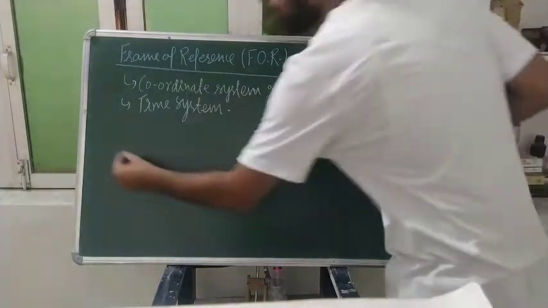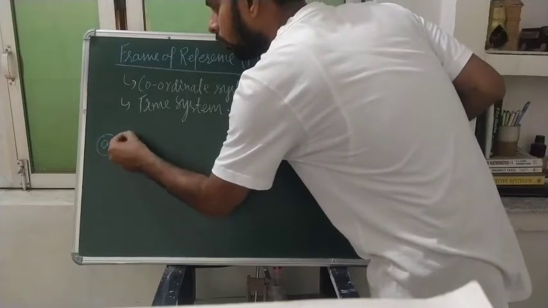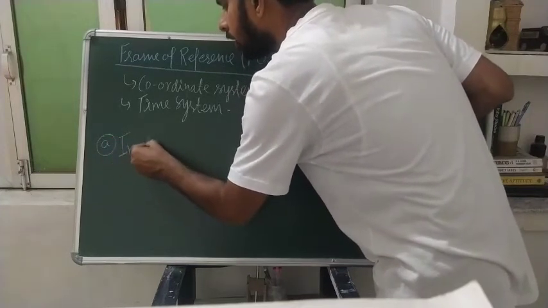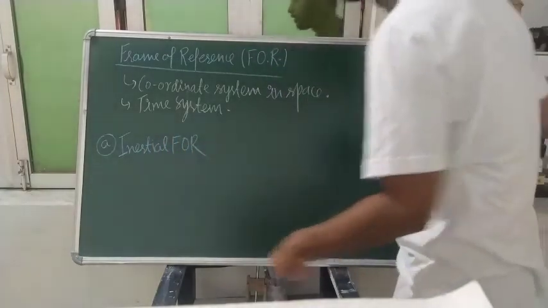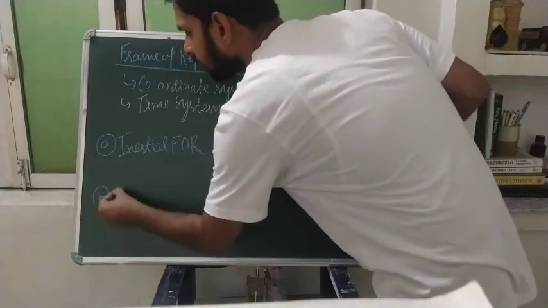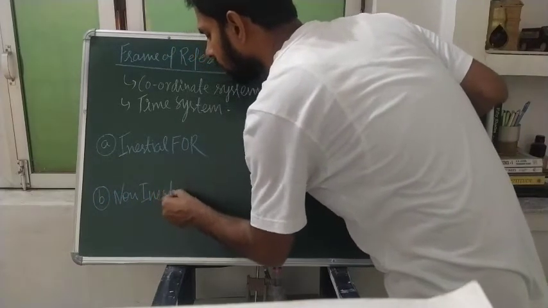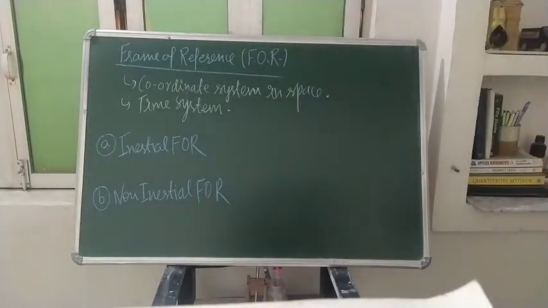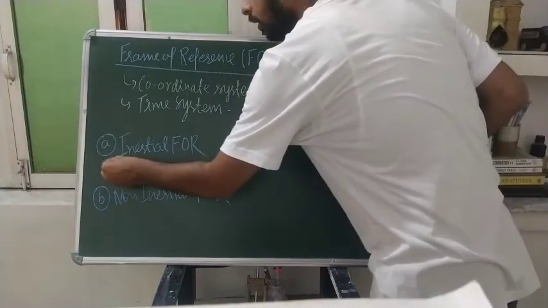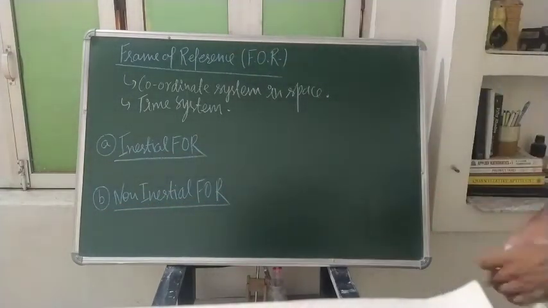So frame of reference will be of two types. One will be called our inertial frame of reference, and the second one we can say is our non-inertial frame of reference.